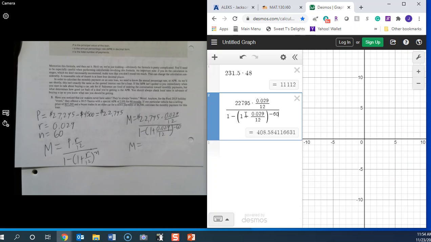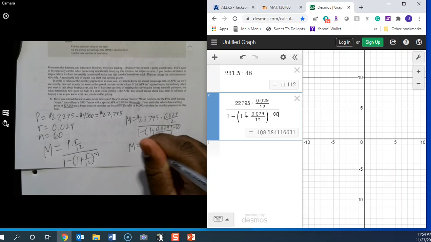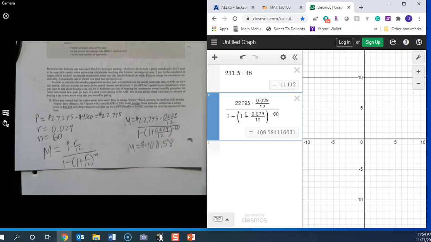And our monthly payment will be $408, and we'll round it to two decimal places, so it'll be 58 cents. $408.58. So that will be our monthly payment.